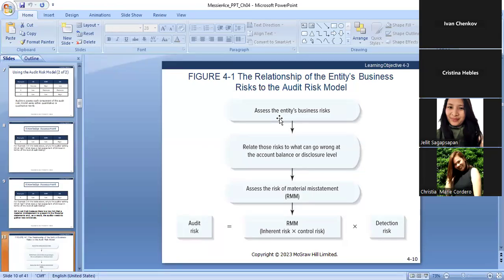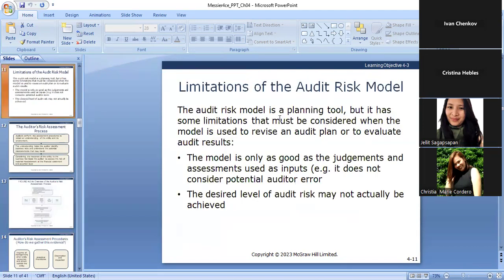And once we come up with that risk of material misstatement, that's going to give us an idea where the detection risk should be. Again, remember, the only risk that the auditor can control is the detection risk. Anything else has to be assessed. So what are the limitations of the audit risk model?